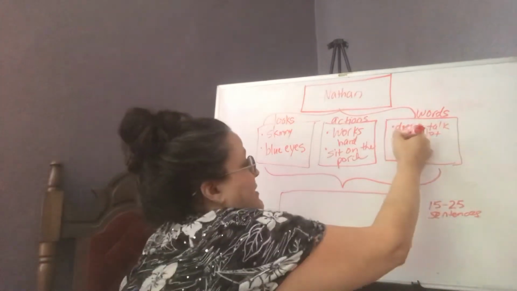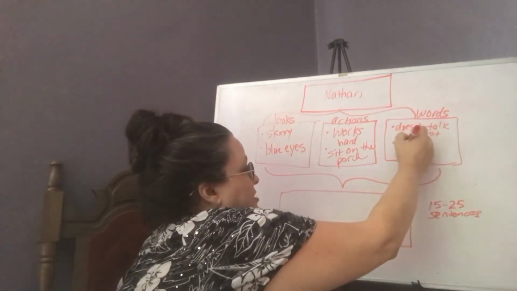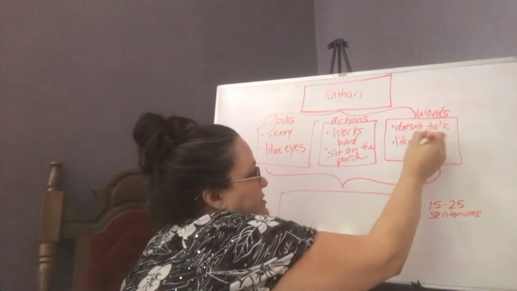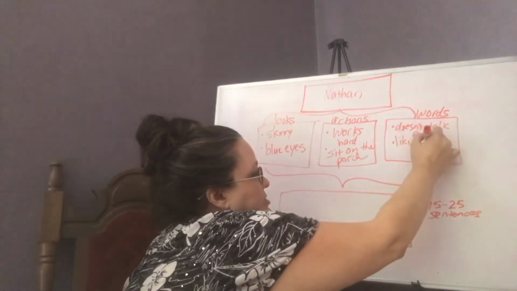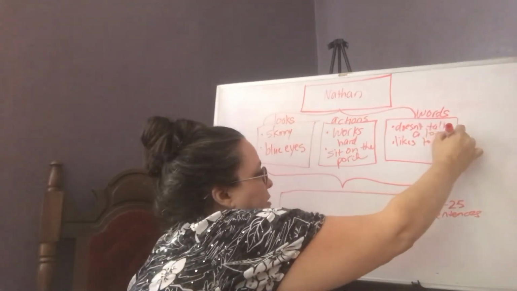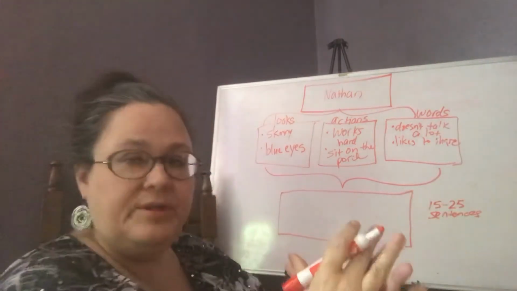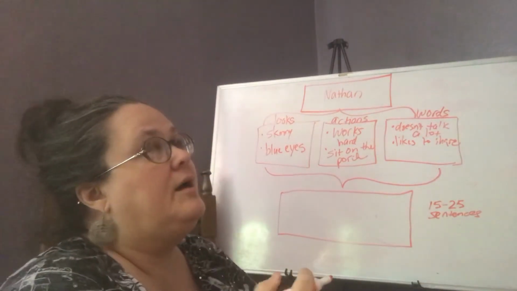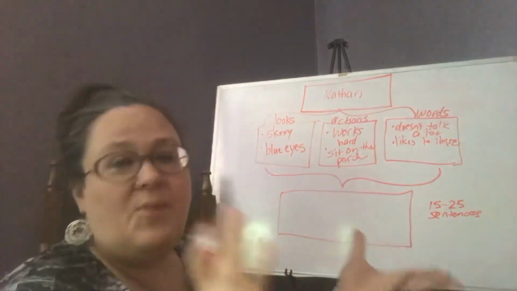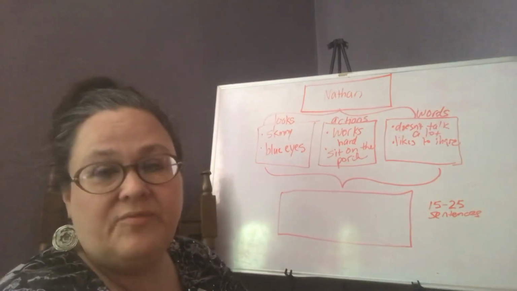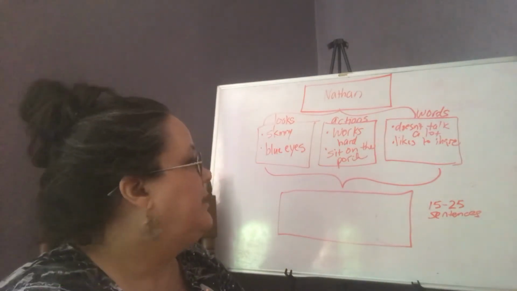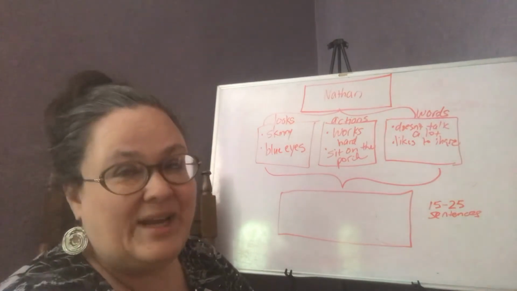And so it almost kind of contrasts with that. He doesn't talk a lot, but he likes to share. And at our dinner table in the evenings, he will pick a topic and he'll talk about it for 5 or 10 minutes. And it can be really entertaining.